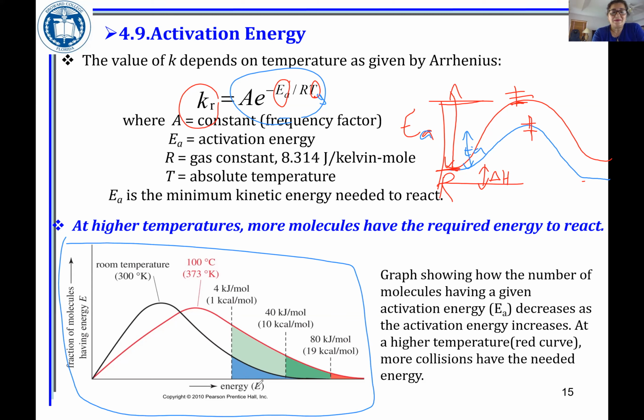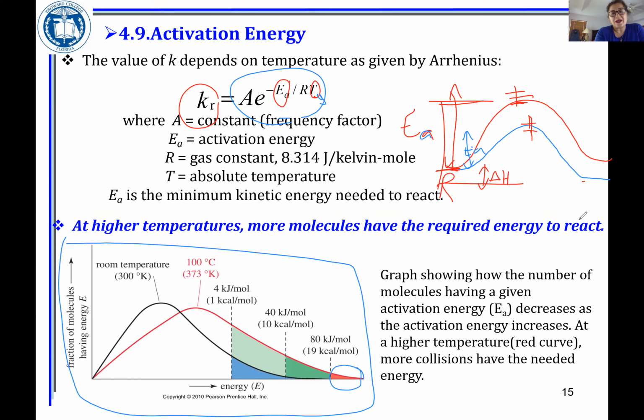If the activation energy is very high, that's in the red zone, only the red shaded percentage of particles can go through the activation energy and go to the products.